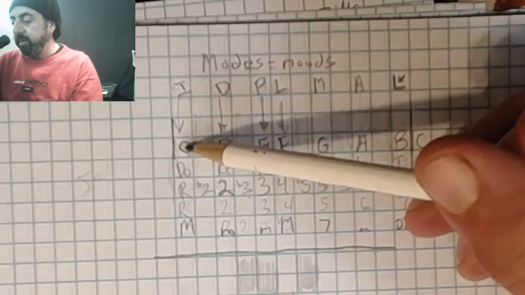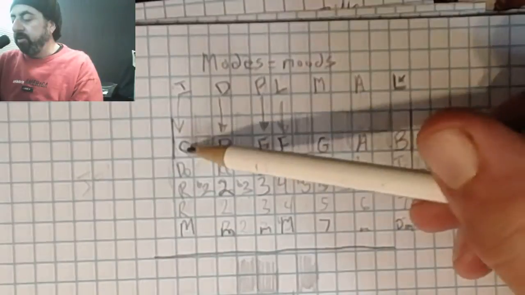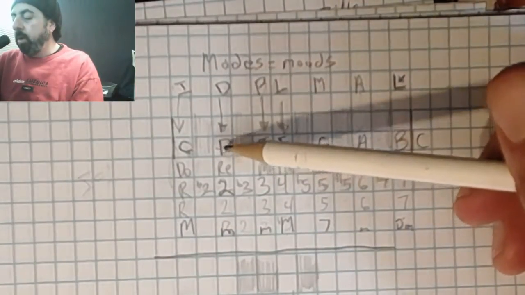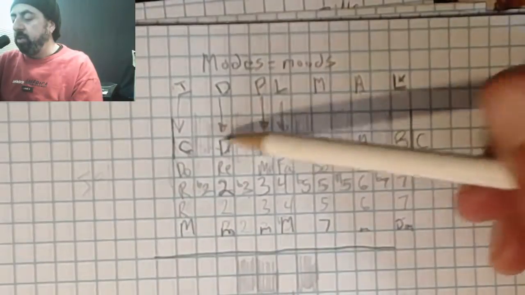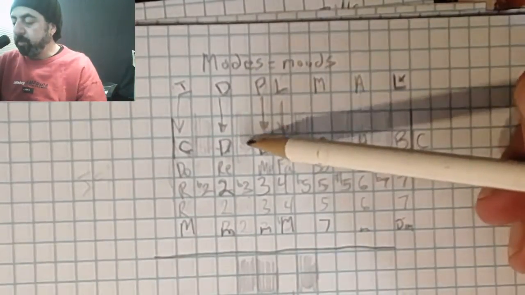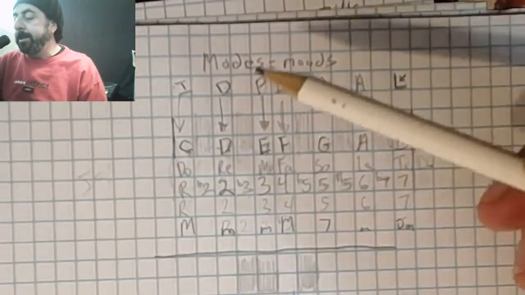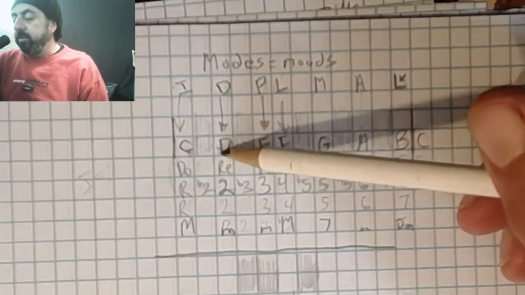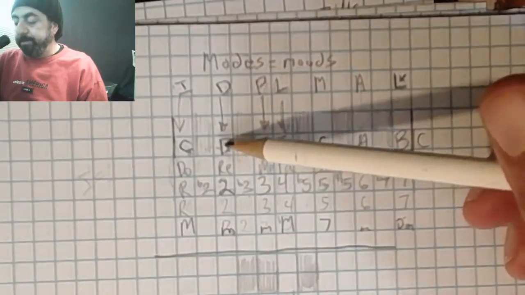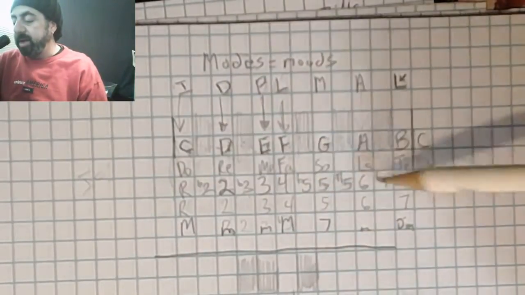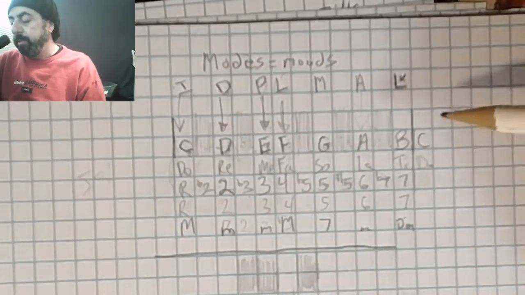C major on the piano is all the white keys, okay? If you take the second note, the white key in between the 2 black keys, remember, there's 3 black keys, then 2 black keys, and that's all there is. If you take the note in between those 2 black keys, that's the D, and you play that note in relation to all the other white keys, you're playing in Dorian.